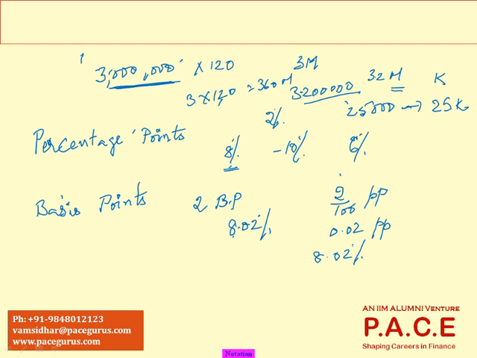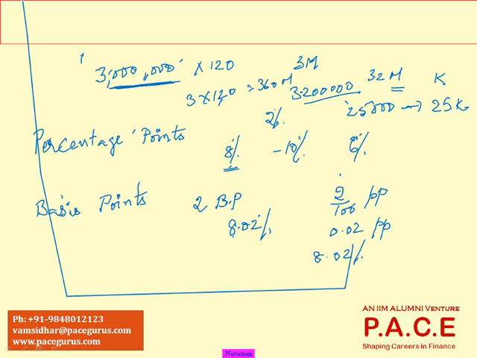So you need to really differentiate between the words. Percentage point means literally there is a change in the percentage by that much. But when I say basis points, then I need to divide by 100 to make it a percentage point, and then add or subtract that number. That is what gives the basis point to percentage point conversion. If the question is given in percentage points and I have to make it into basis points, you multiply by 100.